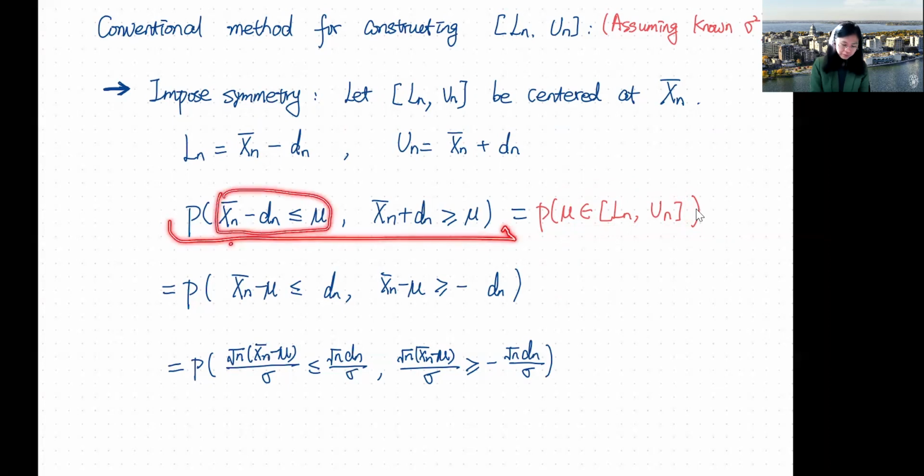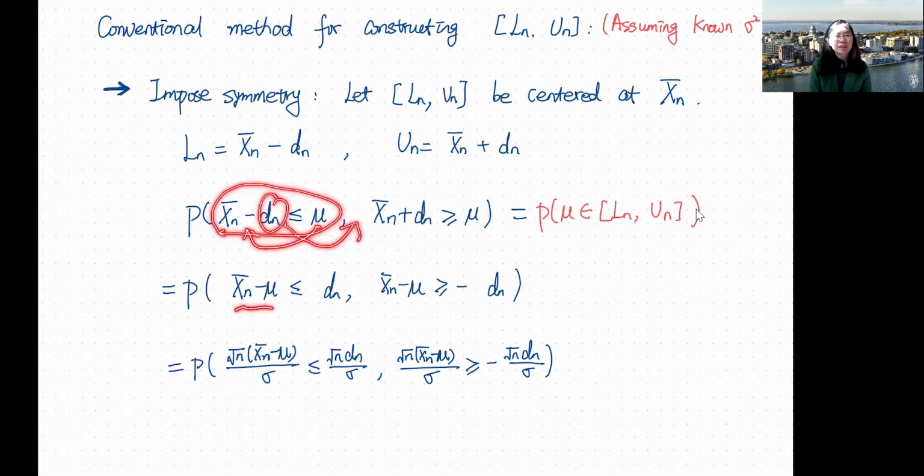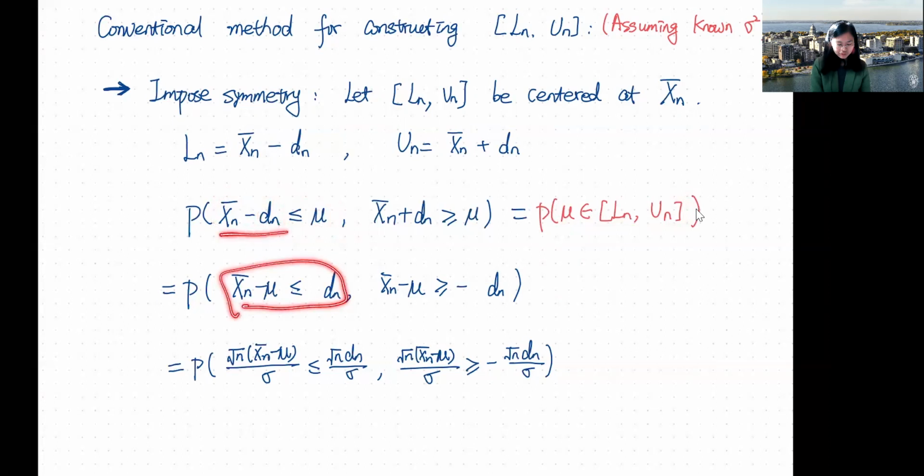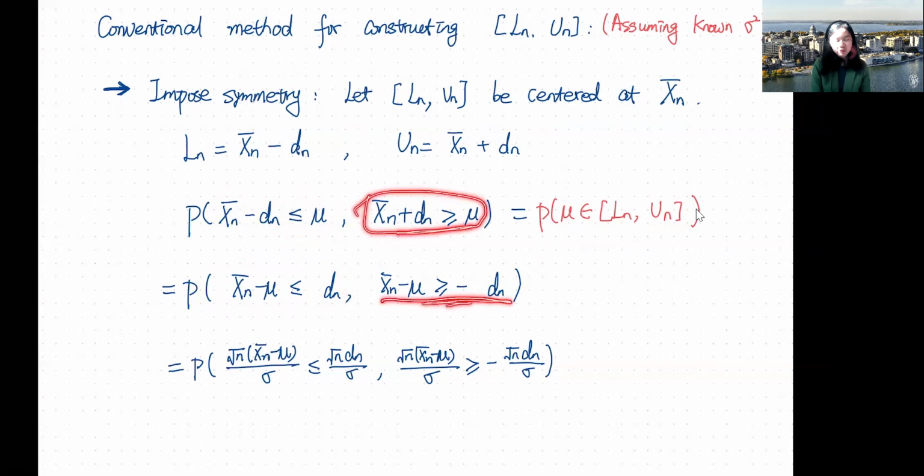We look at these two inequalities, these two events. For each inequality, I move mu to the left-hand side and Dn to the right-hand side. Then I get the difference between Xn bar and mu being less than or equal to Dn. So this inequality is equivalent to this one. Similarly, we turn the other into an equivalent representation: we move mu to the left-hand side and Dn to the right-hand side, and we get Xn bar minus mu being greater than or equal to minus Dn.